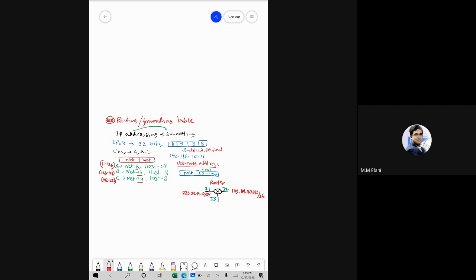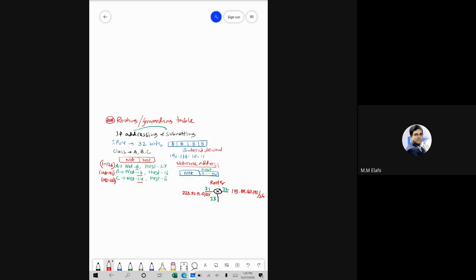/16 was the original network, fine. But then when we divide the networks, it depends on how many subnets we need, and from that we get how many bits we need. I'm not going into details now because we only need to understand that it's a class B. So the default network bits should have been 16, that's fine.